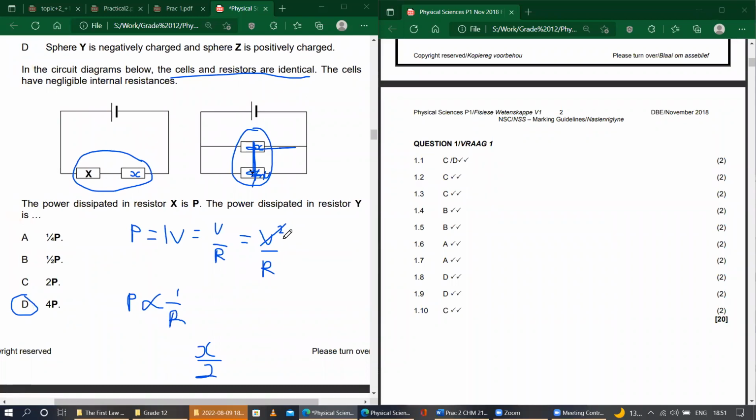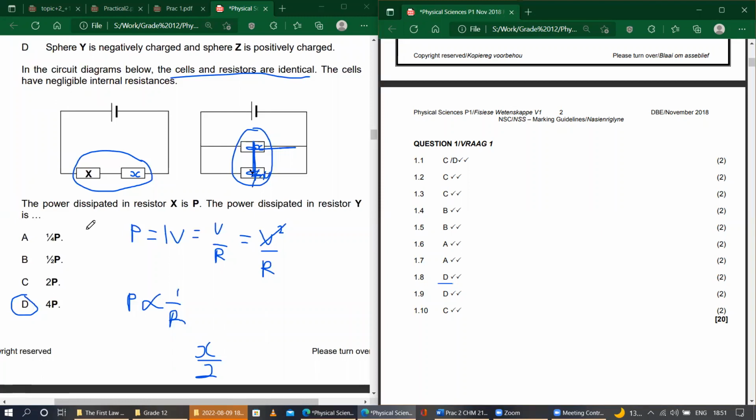From all of this, it doesn't make sense, because I don't think 1.8 should be D. But I'll do a bit more research on that and send it through to you. Because if I remember well, power is inversely proportional to resistance.